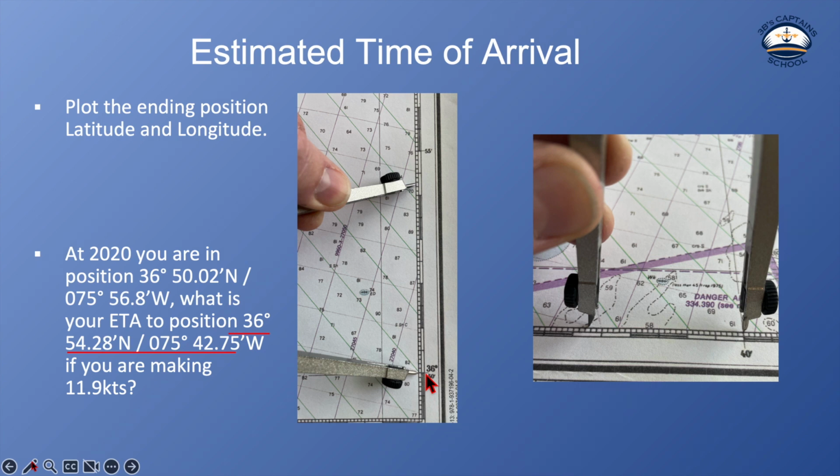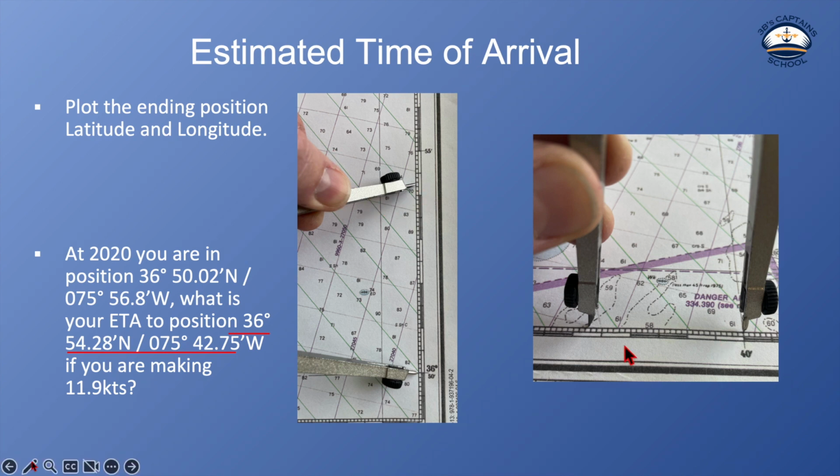I have the pointy end at 36 degrees 50, because if you remember from that last slide, and you can see the line here just under the dividers, that line goes all the way across, so it's a great reference line. And then I'm going to measure up. Here's 51, 52, 53, 54, and then 1, 2, and I'm not quite at 3 because it's 0.28, so I'm just below it.